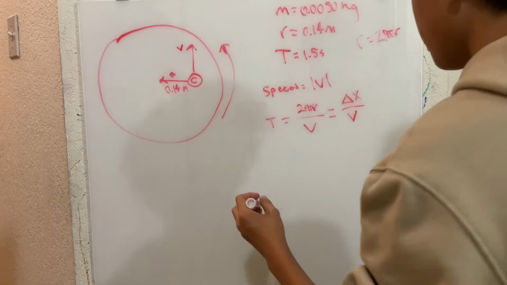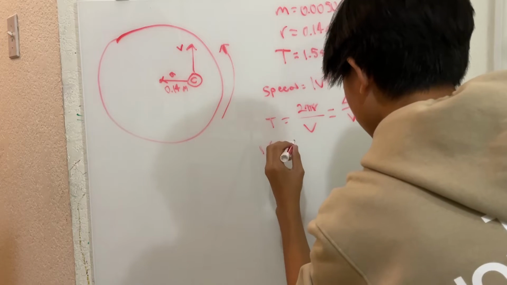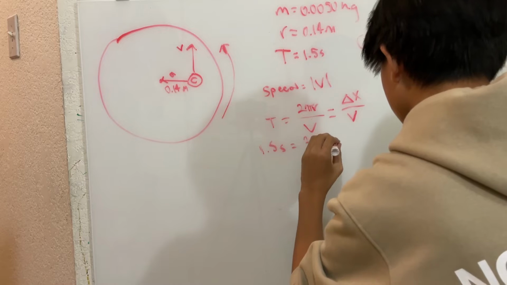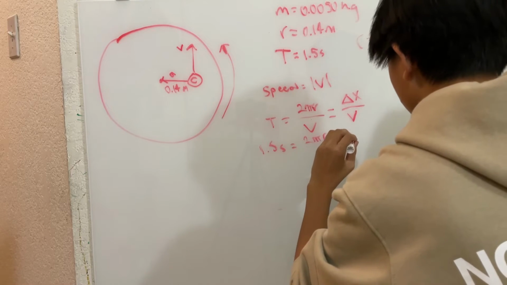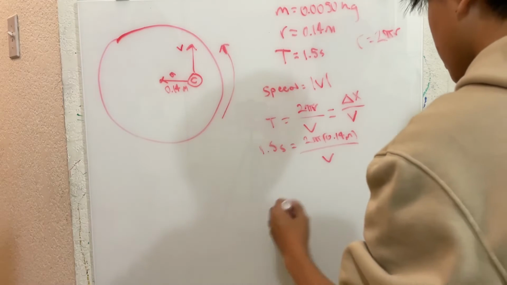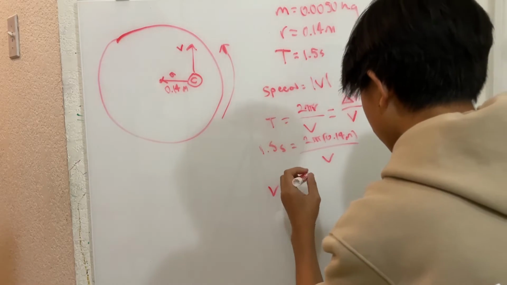So let's plug in the numbers. t equals 1.5 seconds, 2 pi r, which is 0.14 meters, over v. To isolate v, we can just cross multiply.